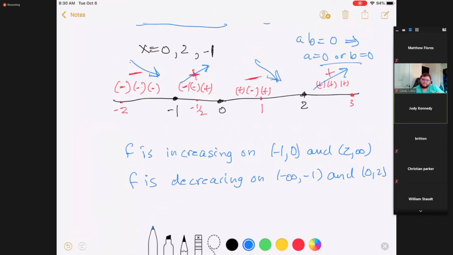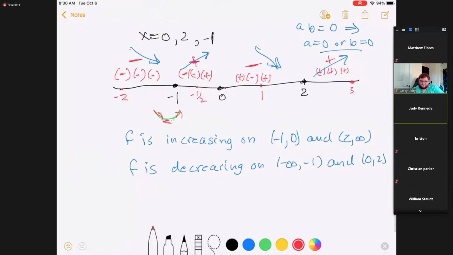And so I know that, and I also know something else. If the function goes from decreasing to increasing at minus 1, and I've got a little low point there, it is decreasing and then it starts increasing. So it's got a local minimum at minus 1.